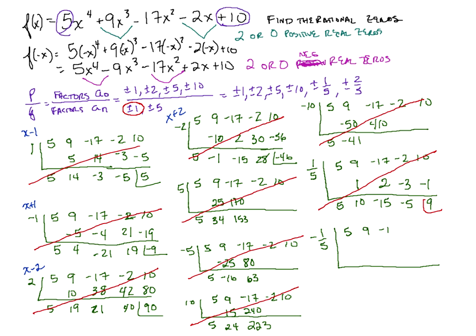So 5, 9, negative 17, negative 2, and 10. Negative 1/5 of 5 is negative 1. This isn't great, because now we're getting negative 8/5. Let's see what 17 times 5 is.